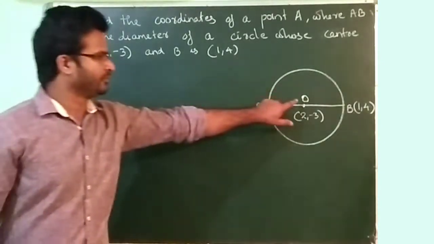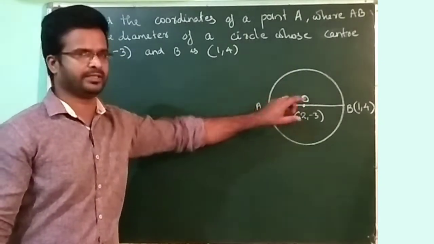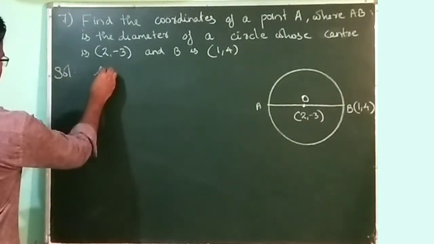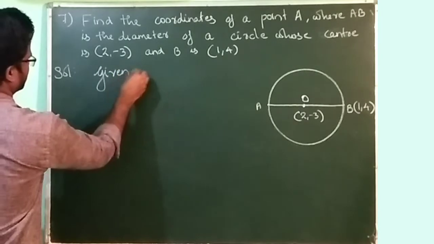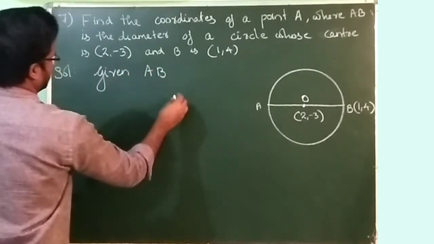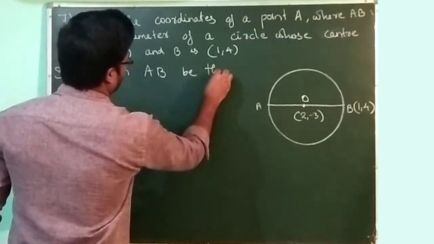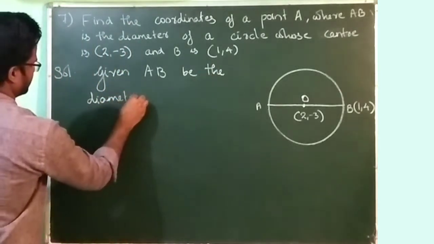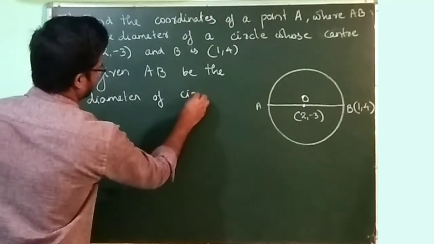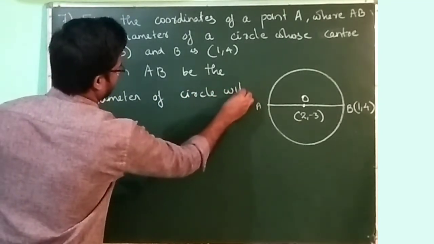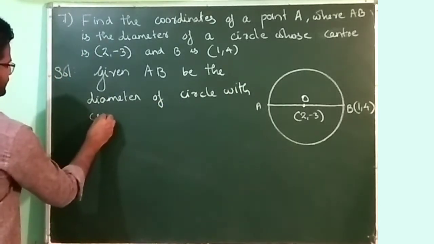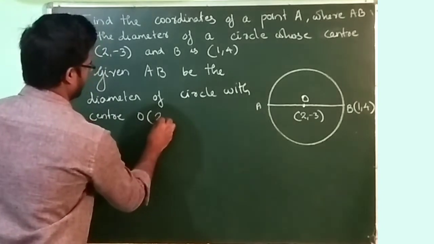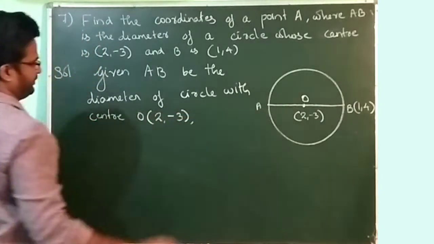The center of a circle we commonly represent by the letter O. We can write the solution. Given AB be the diameter of a circle with the center O. O we can write (2, minus 3).